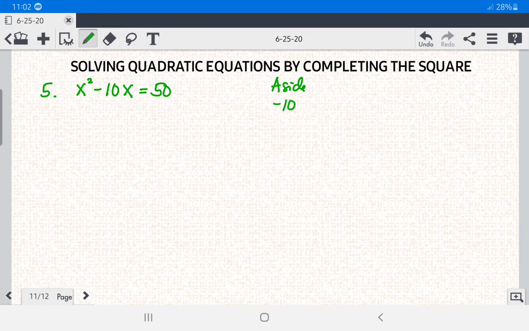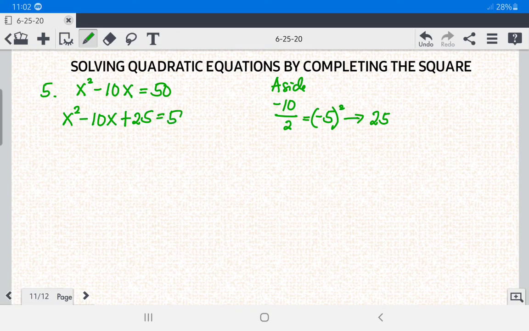You divide it by 2 or multiply it by 1/2, so we have negative 5. Then square it, so that is 25, because negative 5 times negative 5 is positive 25. So we're going to add positive 25 on both sides of the equation. We have x squared minus 10x plus 25 equals 50 plus 25.